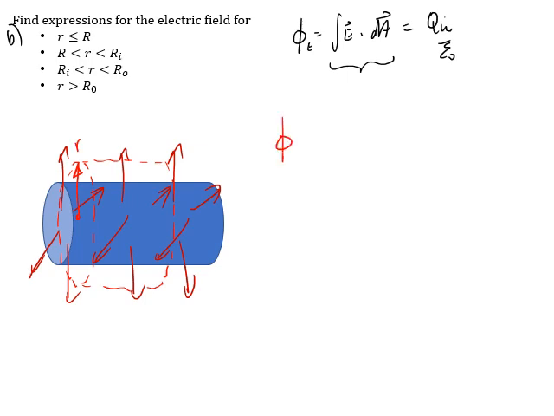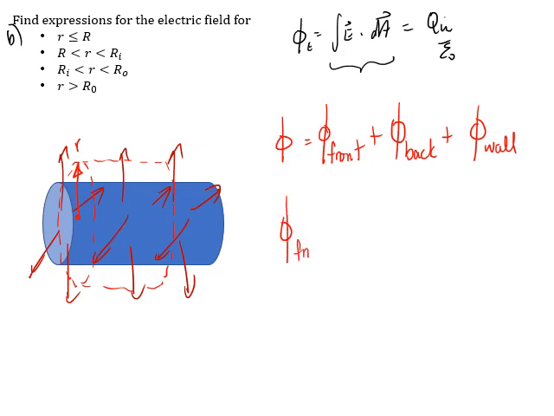Our net electric flux is going to have three terms. Net electric flux through the front, plus the net electric flux through the back, the two faces of the cylinder, plus the net electric flux through the wall of the cylinder. The net electric flux through the front face of the cylinder is going to be the integral of E dot dA.